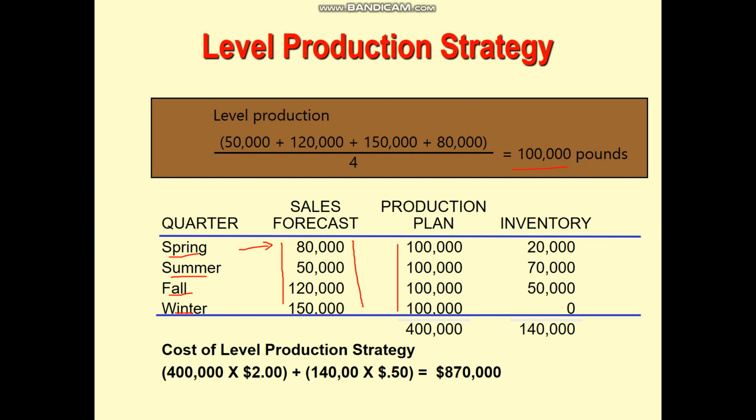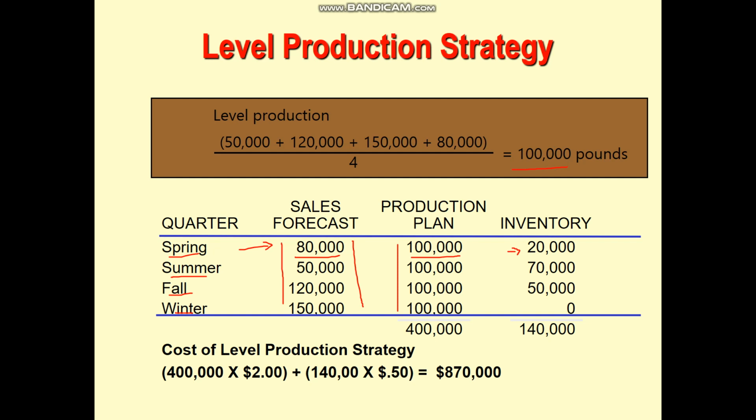For example, in the first period, spring, the sales forecast, which means the demand, is 80,000. However, we produce 100,000, so we have an extra 20,000 products.